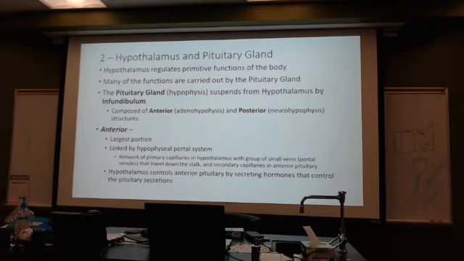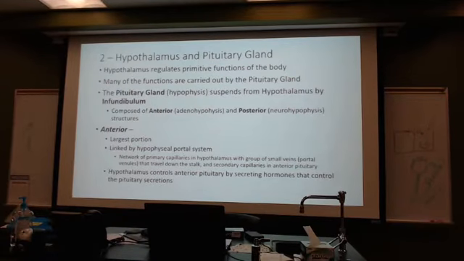So in my hypothalamus, which is my W area, I'm going to find a primary network of capillaries. Is everybody with me on this one? It's the smallest vessel you can have in your blood system, the vascular system.